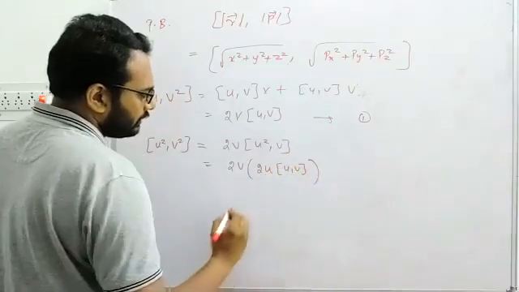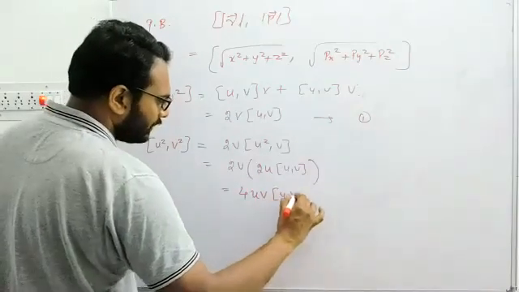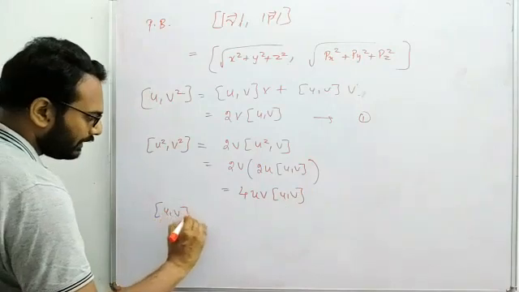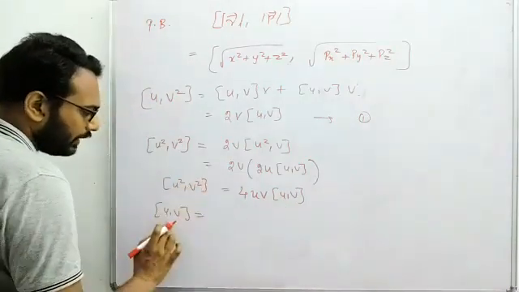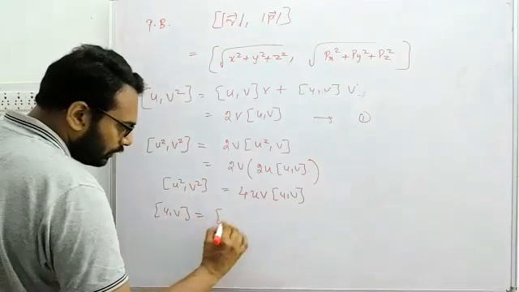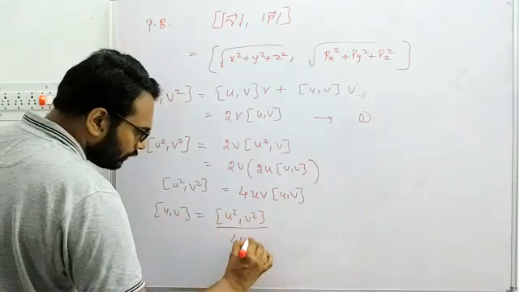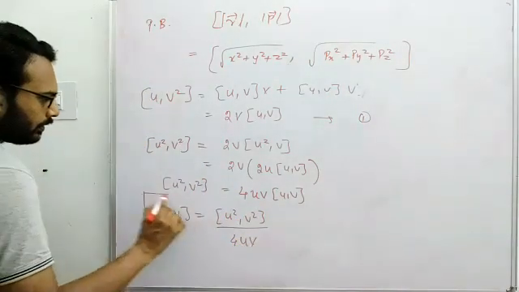Am I right? So this is equal to actually 4uv {u, v}. Or we can say that {u, v} is equal to {u², v²} divided by 4uv. What we found is {u², v²}. Am I right? Is this all right? Is this okay?